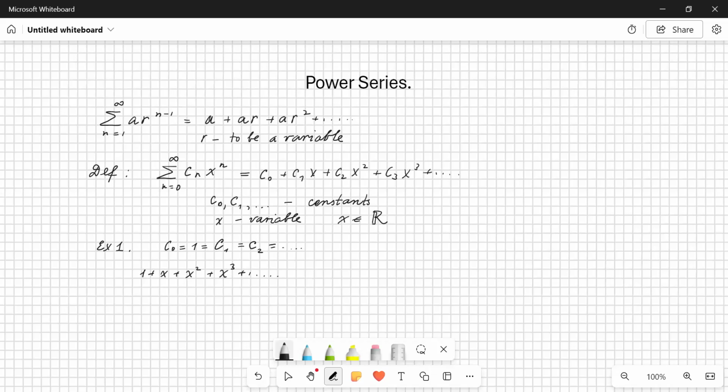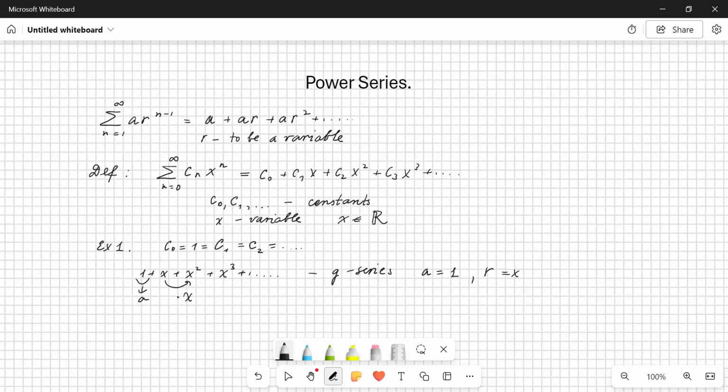What do we know about the sum of such a series? Well, because this series looks exactly like a geometric series, the first term is equal to 1, this is a, and the ratio of this series, the one by which you multiply every time, is just x. So you multiply the previous term by x, so my ratio is equal to x.